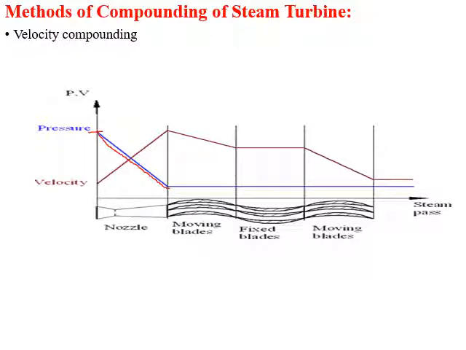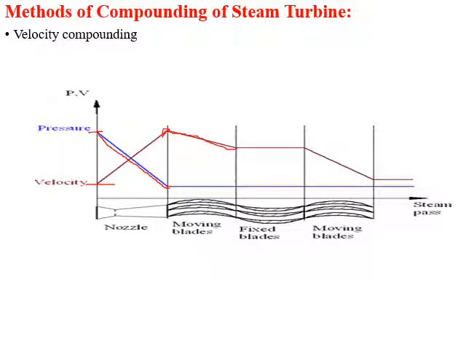Later, in the moving blades and fixed blades, the pressure remains constant. Due to the drop in pressure, the velocity will rise. So the initial velocity is minimum, and due to the decrease in pressure, there is a rise in velocity to a higher value. At that higher velocity, the steam enters the moving blades, where we can observe the drop in velocity.